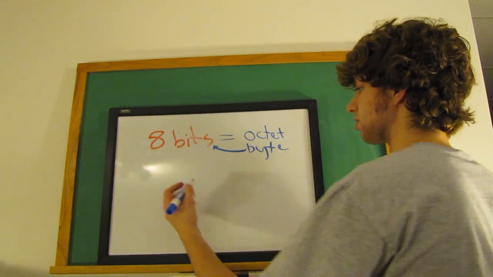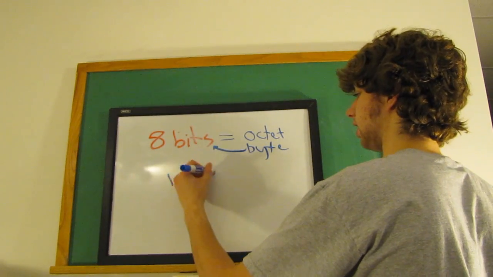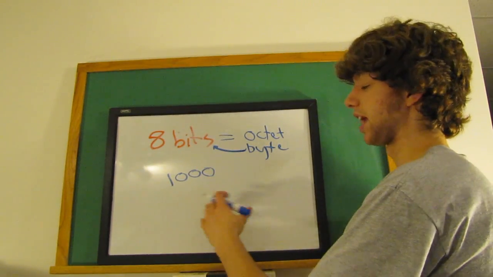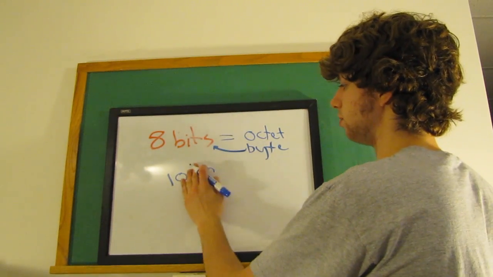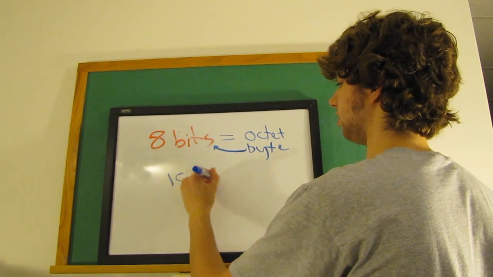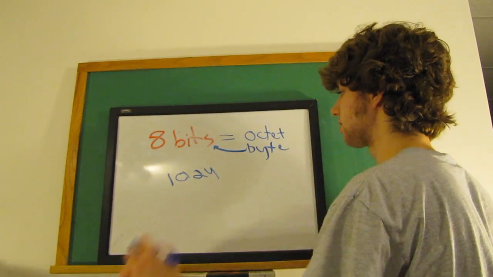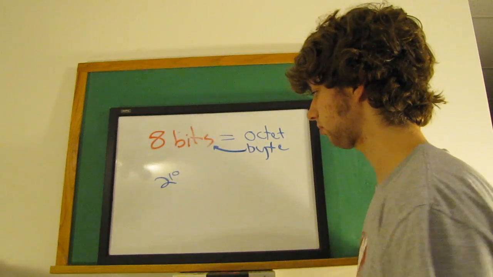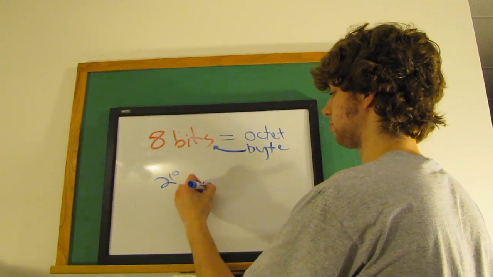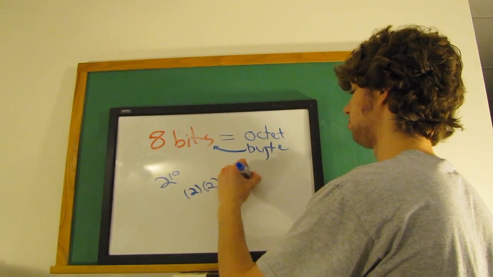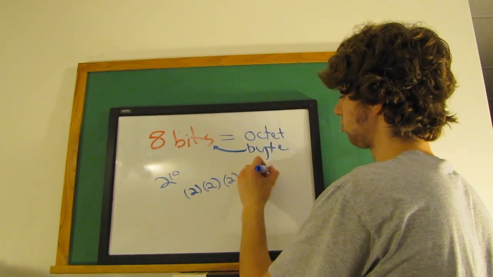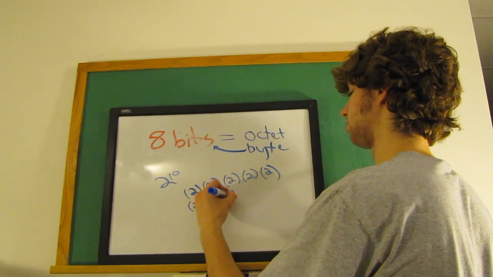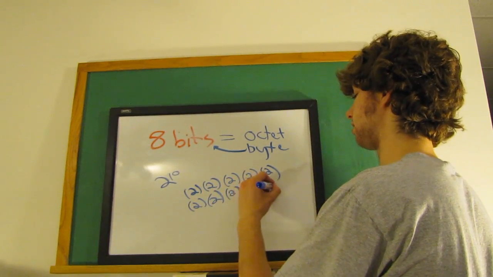So we can't represent 1,000, as in a kilometer is 1,000 meters, as a multiple of 2. So we use 1,024. The way we get this is by using 2 to the 10th power, which is basically 2 times 2 times 2, and so on.